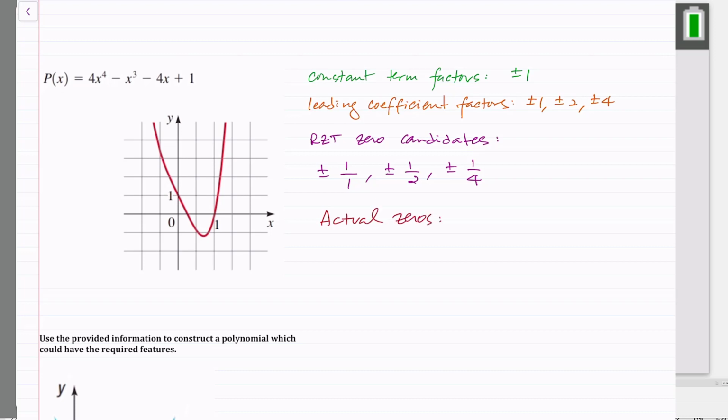Now notice this graph has the same type of scaling as the prior example. So 1 hash mark on the y-axis is equal to 1 unit, but on the x-axis, 2 hash marks is equal to 1 unit. So that one right there is very clearly x is 1. And that one right there, it's a fractional root, obviously, but it looks to be halfway between 0 and 1/2. And so it seems to me that it would be 1/4.